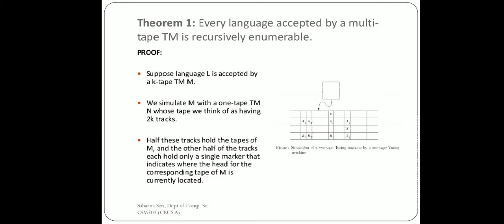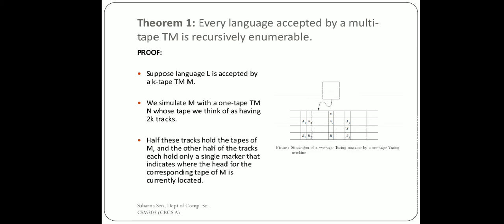If you just remember the previous diagram, you can see that for each and every tape there was a separate head. But if we want to simulate this multi-tape concept with a single tape Turing machine, we will have only a single head pointer. So what do we have to do? We have to keep a marker, otherwise the value will be lost, right?